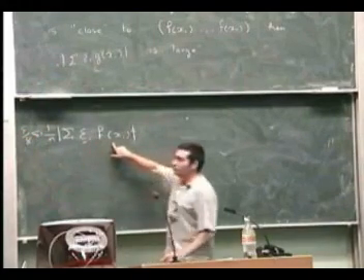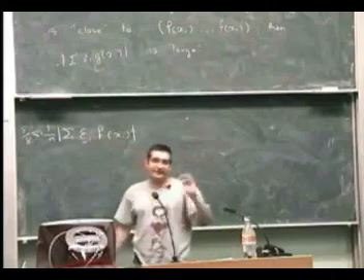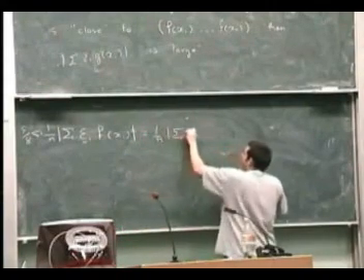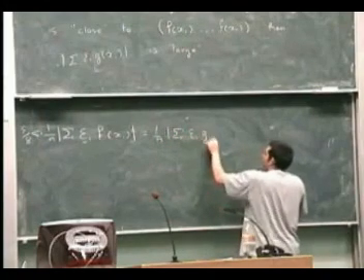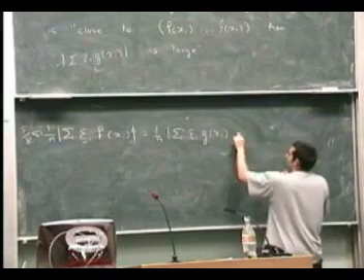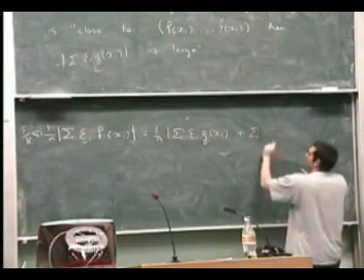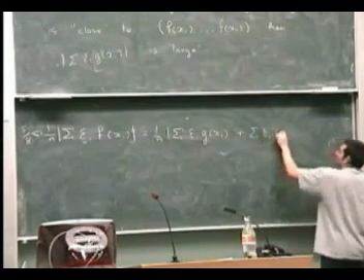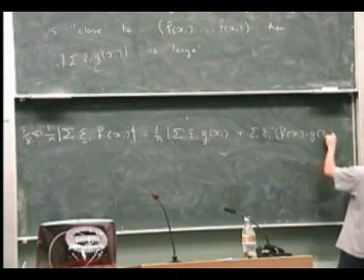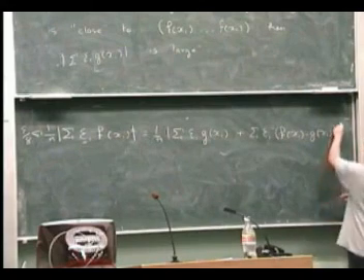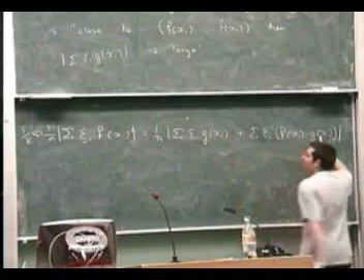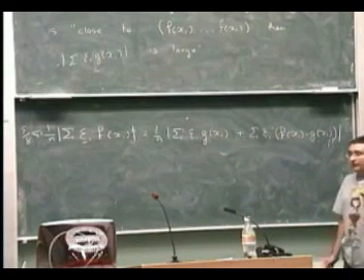Now all I'm going to do is to add and subtract g at xi at every point. This is 1 over n sum i g at xi plus sum of i g at xi. Okay. Nothing smarter, just added and subtracted g of xi. Now I'm going to use the triangle inequality. I'm going to use it twice.